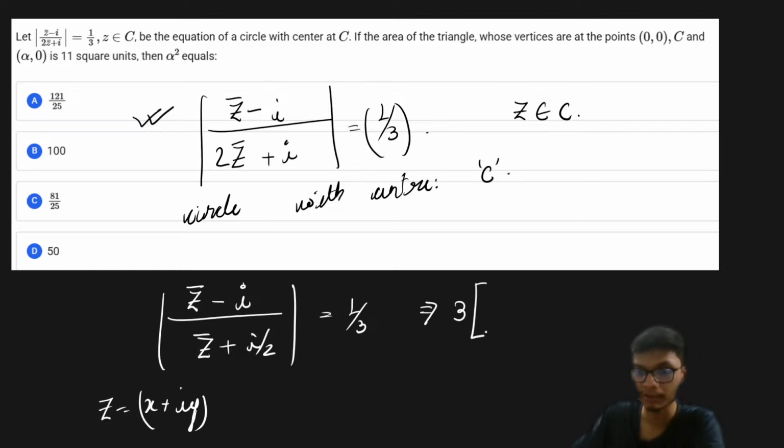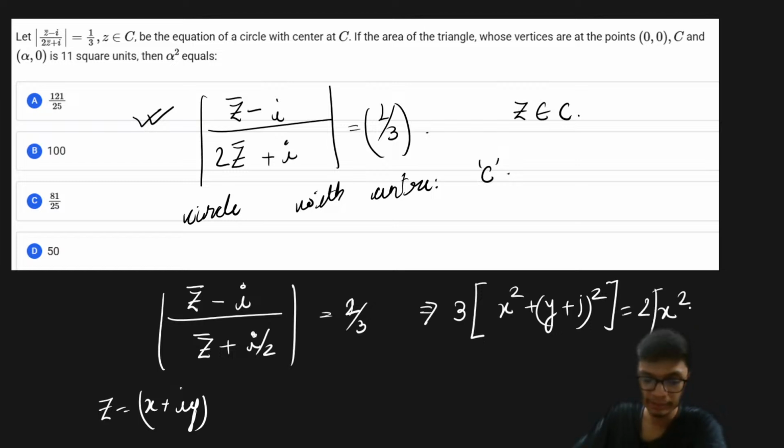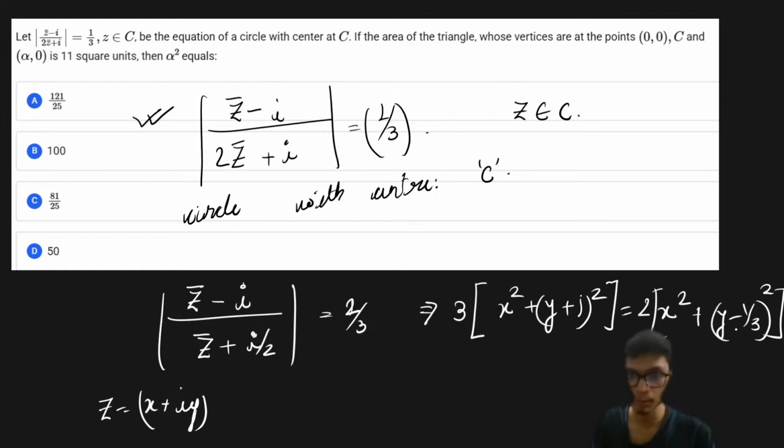So very directly I'm just finding the magnitude, that is going to be x squared plus y plus 1 whole square. I've taken 2 common, so this is going to be 2 by 3, right? So that is going to be 2 times the square root of x square plus y minus 1 upon 1/3 whole square. That is what my equation is looking like, right?